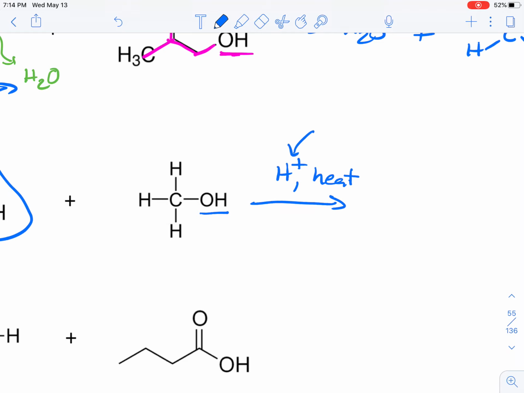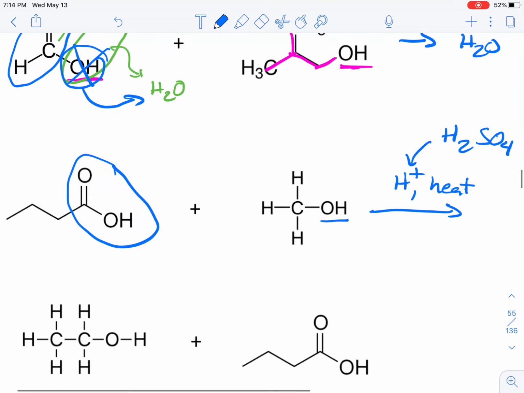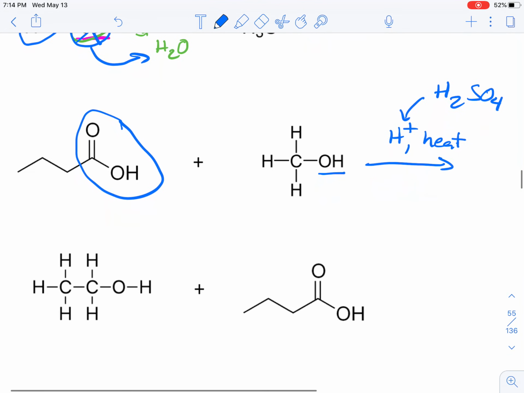And the source of the strong acid is coming from sulfuric acid. So in the presence of a strong acid and heat, we're going to take this alcohol and it's going to react with the carbonyl carbon, forming water and the ester.